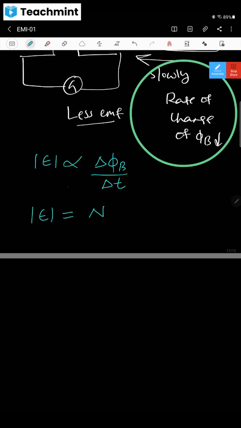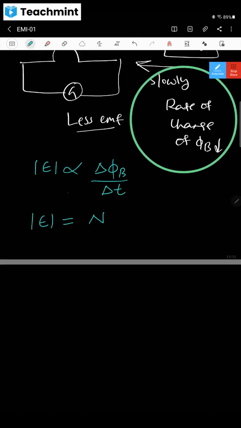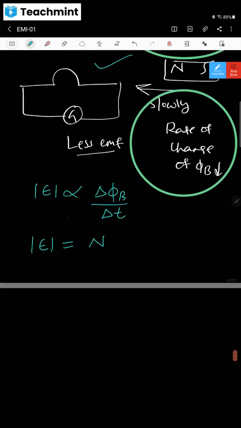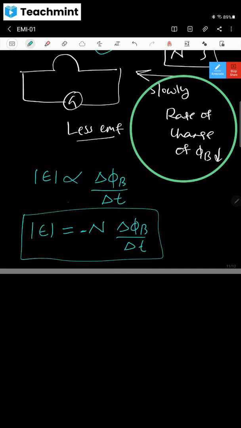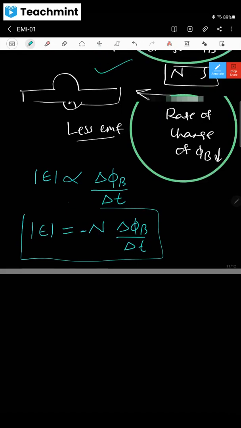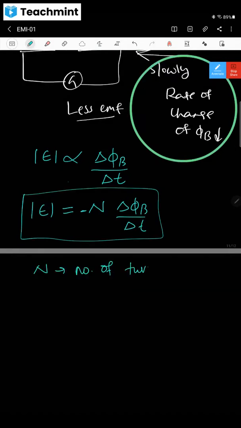N means the number of turns. Here only one turn is there. If more turns are there, more EMF will come. So N, and we write delta phi B divided by delta t, and we put a minus sign also. There is a meaning for this minus sign. We mention it in Faraday's second law, and that is Lenz's law. I'll come to that. So here, N means the number of turns.